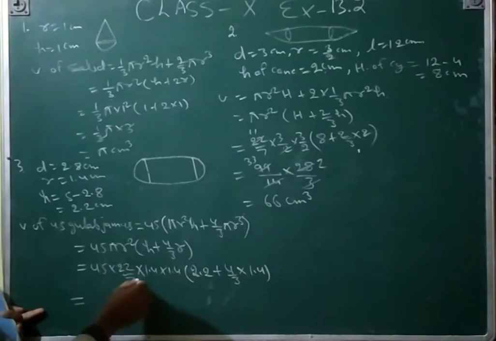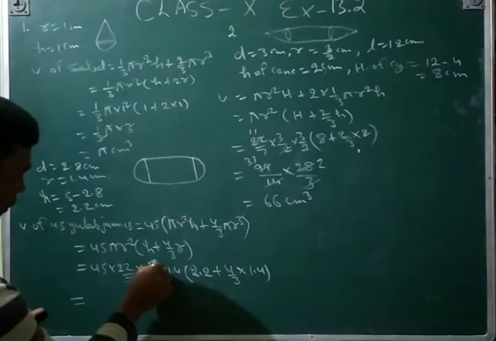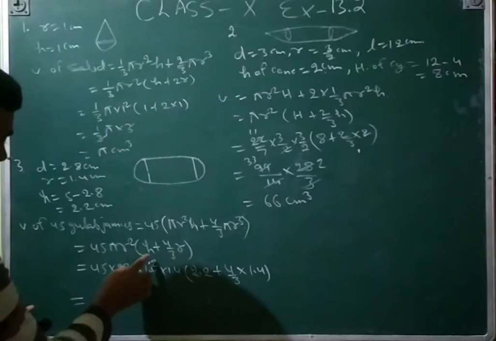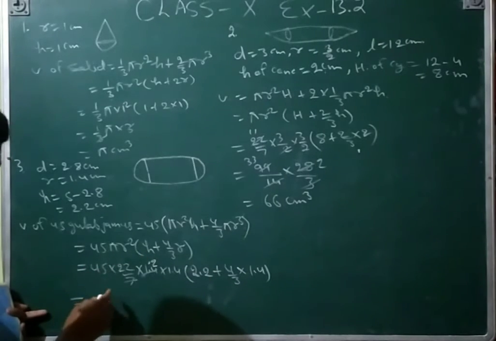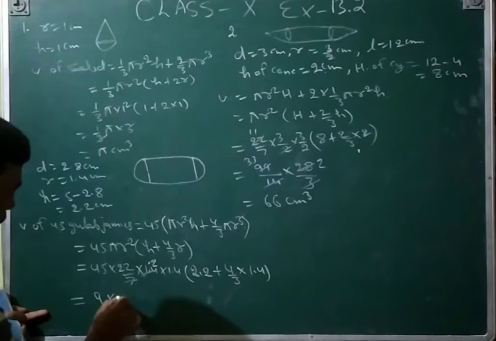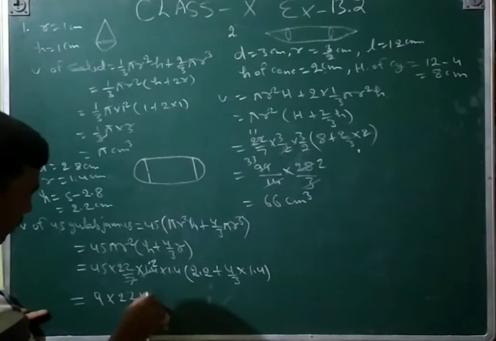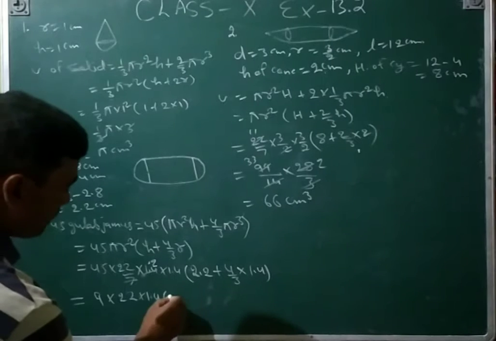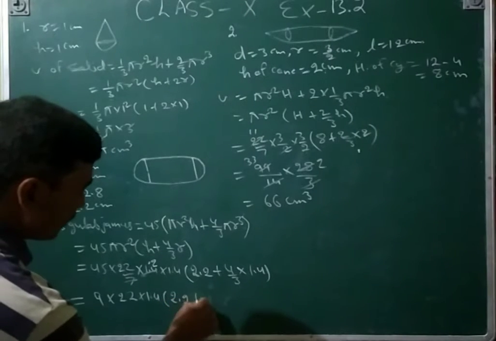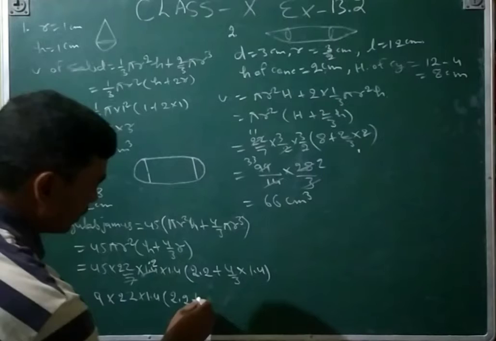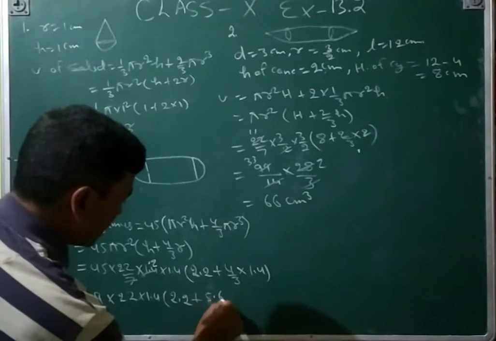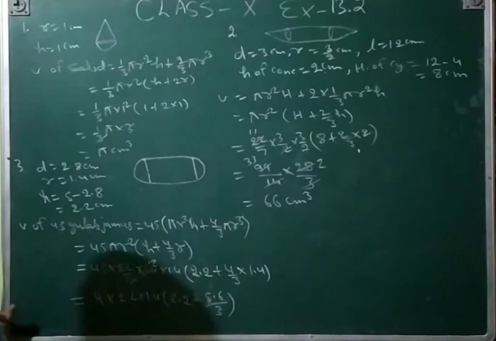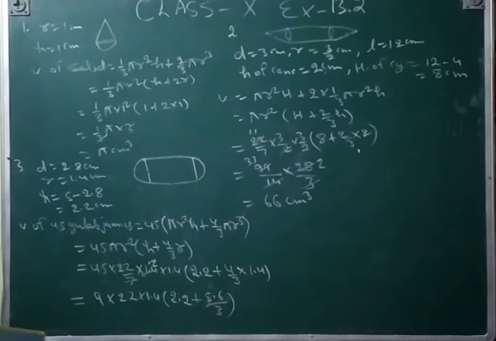Then 7 twos are 14. The multiplication of both will be 9 into 22 into 1.4, and then 2.2 plus 5.6 upon 3.